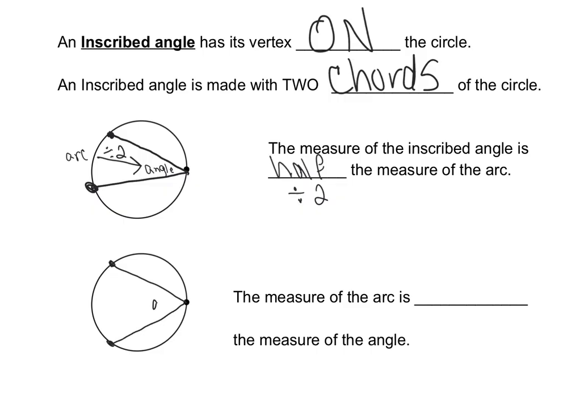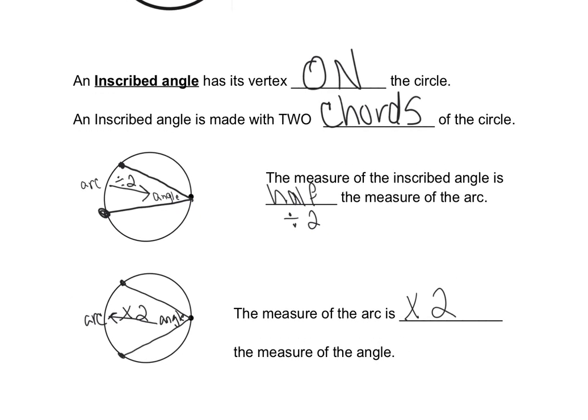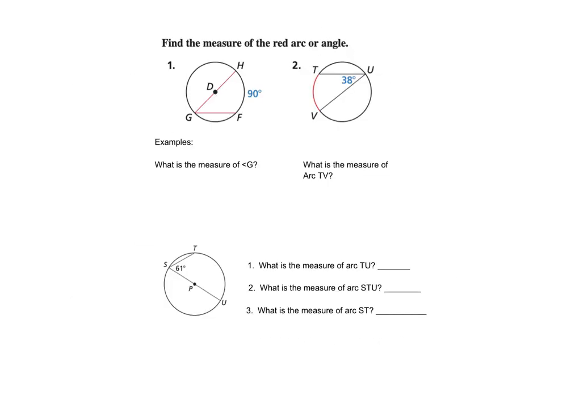And here's our angle. And here is our arc. The measure of the arc is 2 times the measure of the angle. So if we had the angle and we wanted to know the arc, we would multiply it times 2. So we're either going to double or we're going to halve, basically.